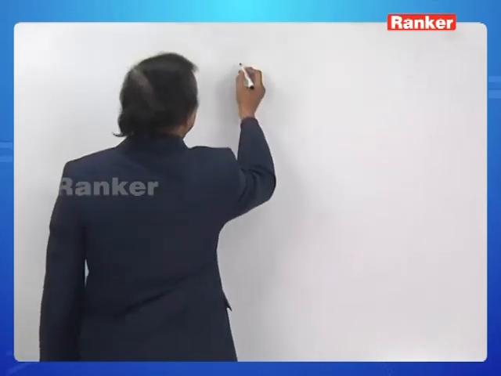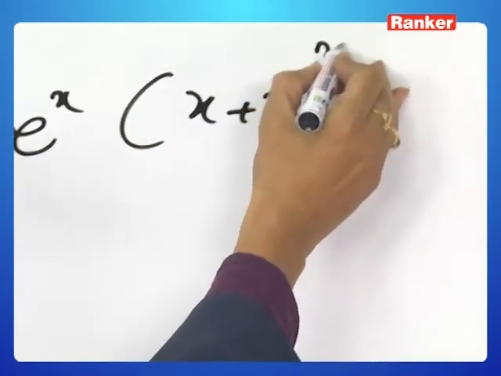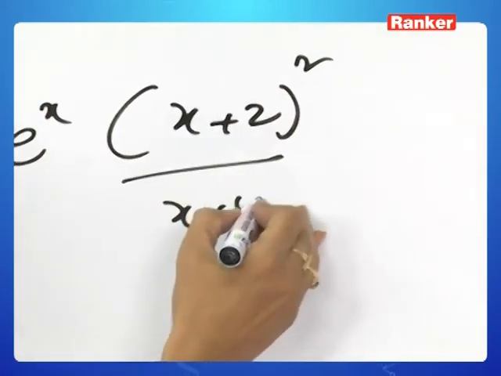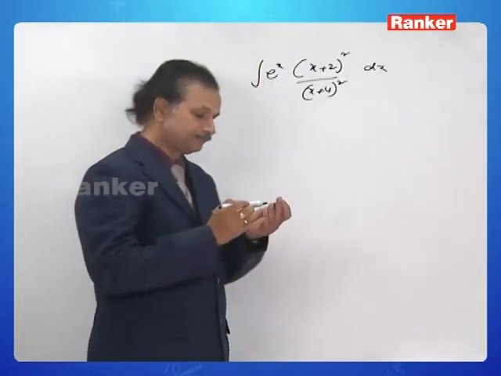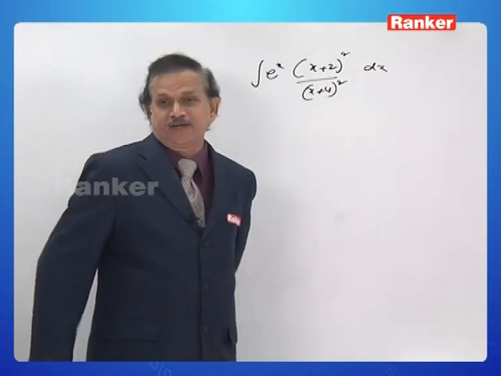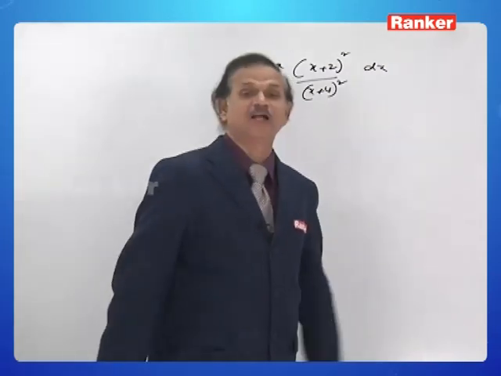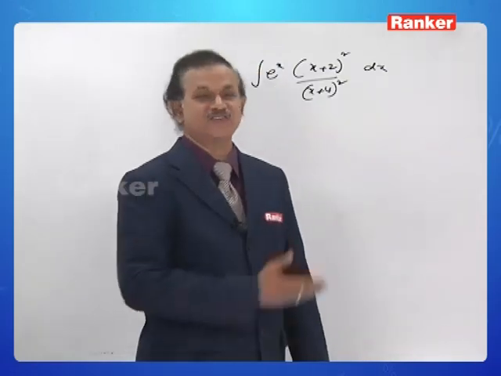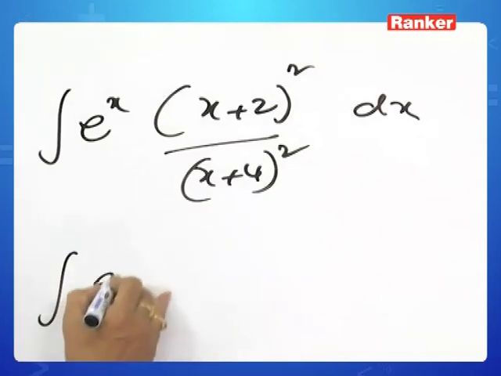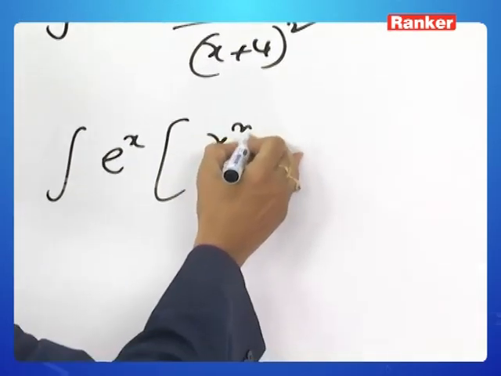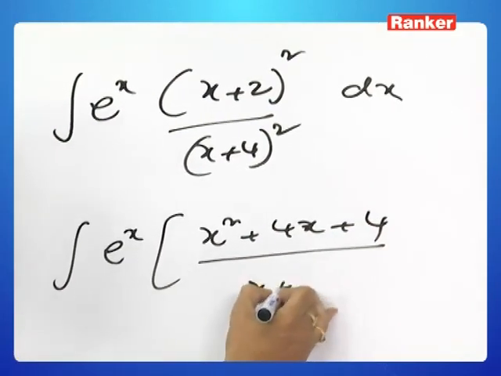Consider the problem e power x into x plus 2 whole square by x plus 4 whole square. Well, my dear friend, you think of the problem and you suggest me an idea. Here also, one simple idea can change the life of this problem. Let us simplify this as e power x into x square plus 4x plus 4 by x plus 4 whole square.